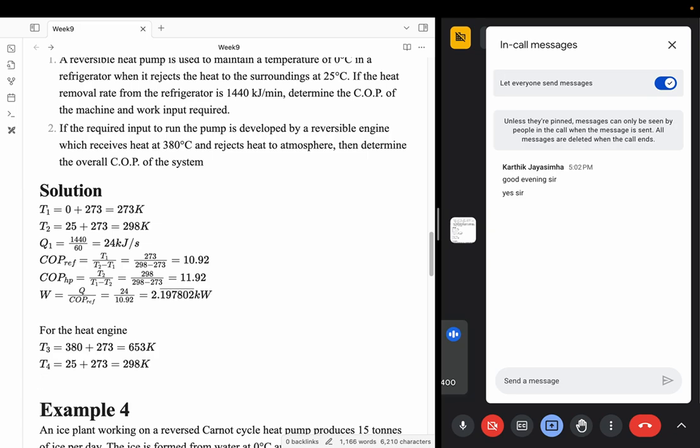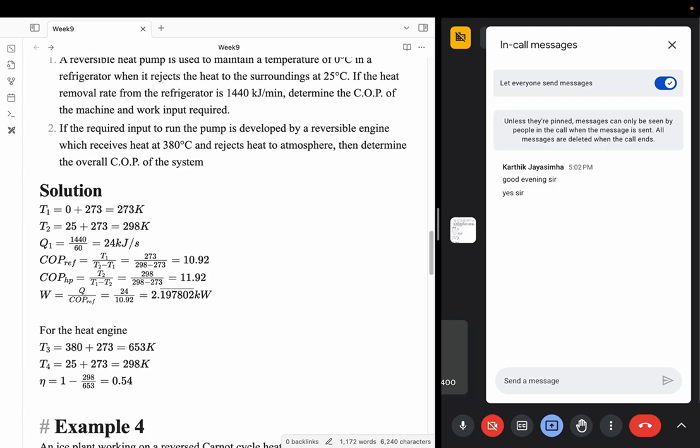If I need the same amount of work, we can just calculate the eta first. And since it is the same amount of work, the amount of heat required will be roughly 2.2 kilowatt by 5.54.